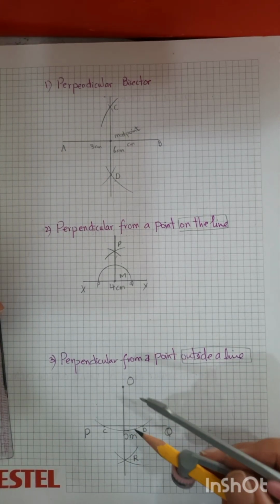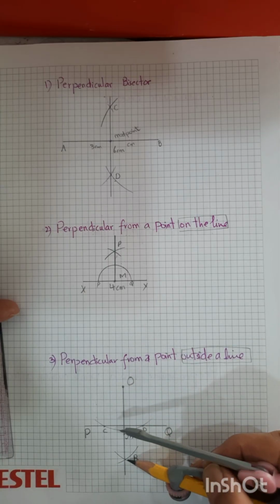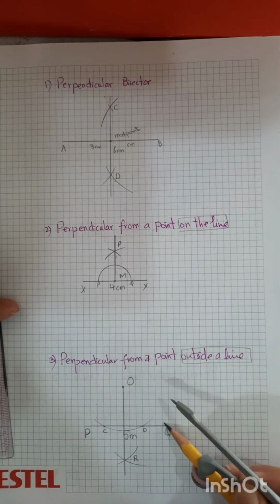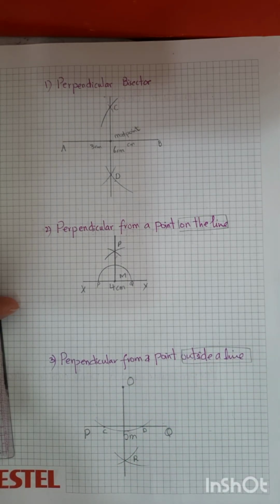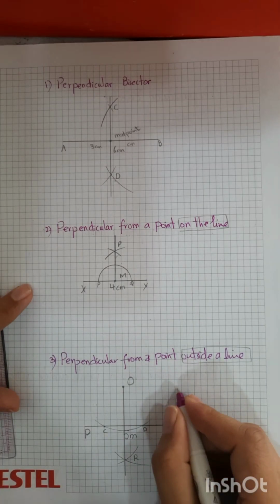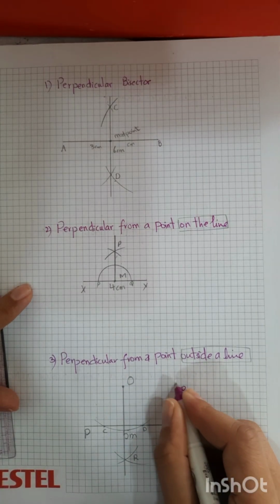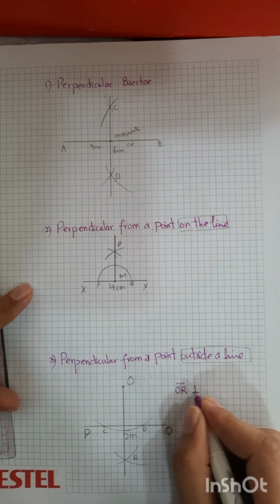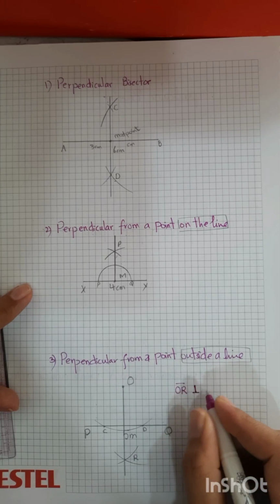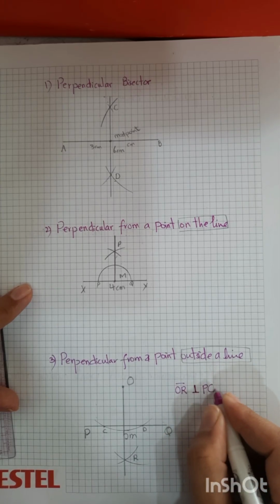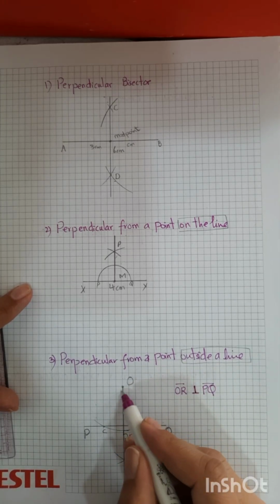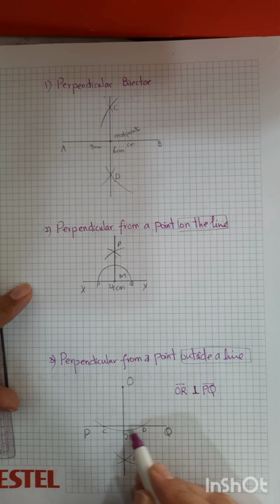So you can say in this case that OR is perpendicular to PQ. We can write it over here as well. OR is perpendicular, this is the symbol for perpendicular, to PQ, because this line is making a 90 degree angle with this line.